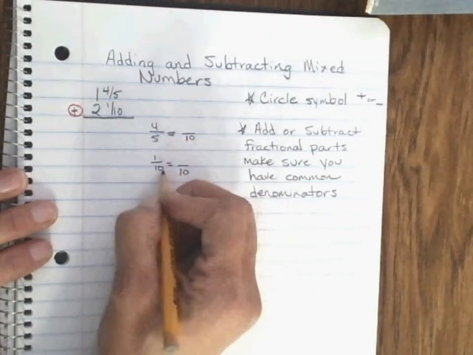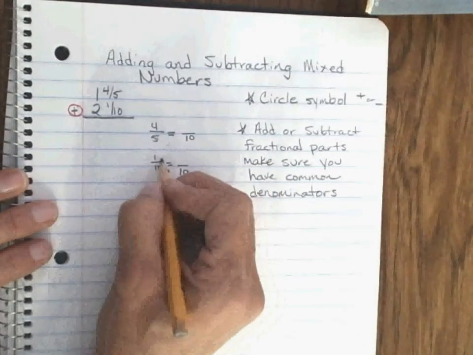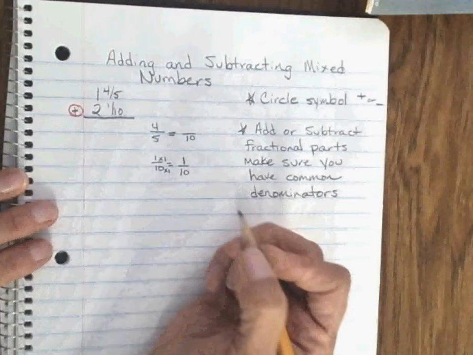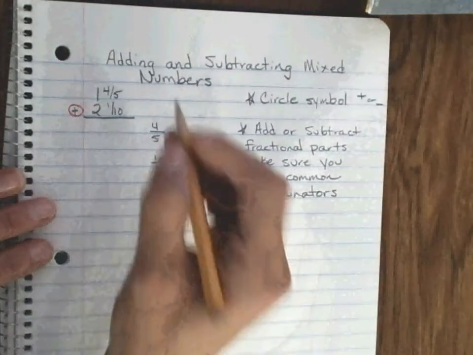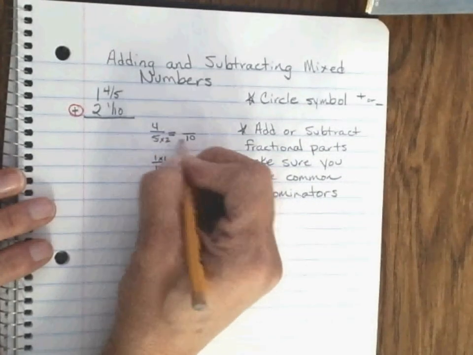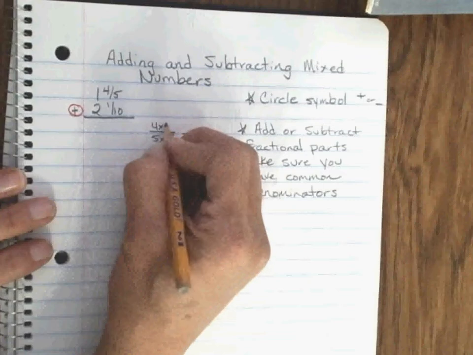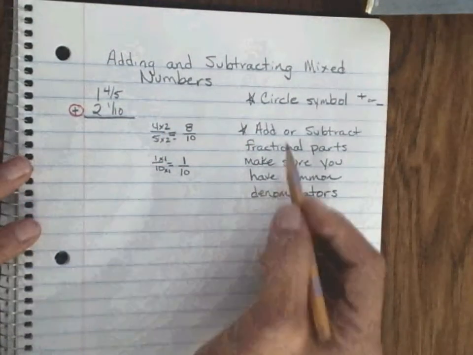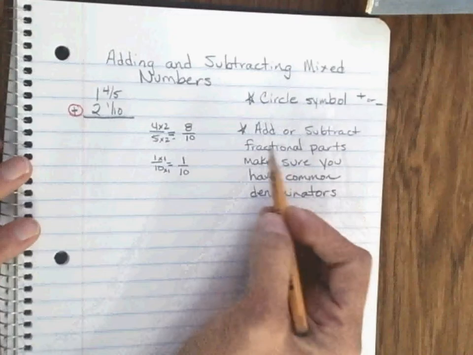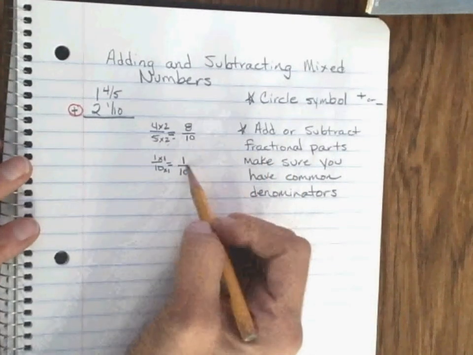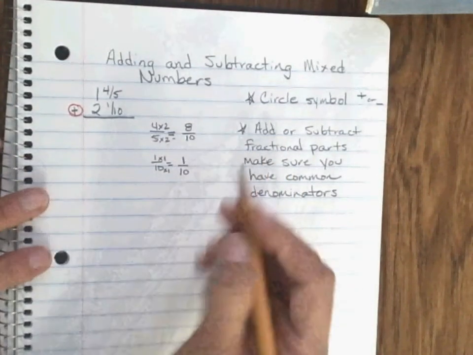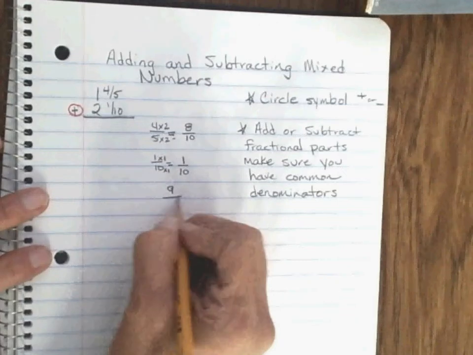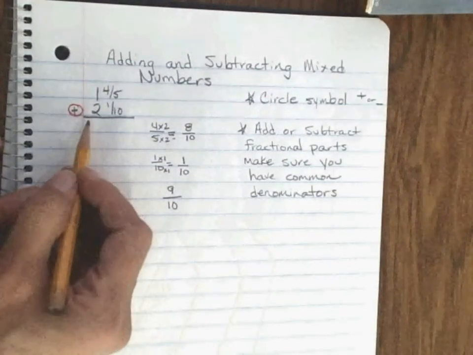1 times 2, because I have to do the same to the top as I do to the bottom. 5 times 2 is 10, and so 4 times 2 is 8. Now my step says to add or subtract my fractional parts, so I'm going to add them. 8 plus 1 is 9/10.